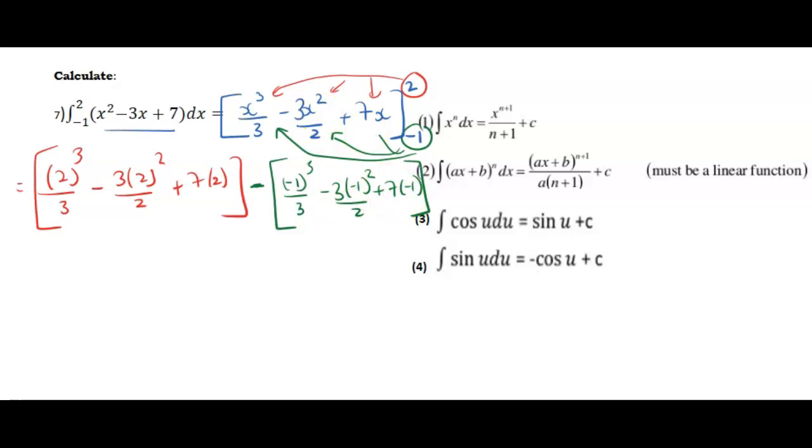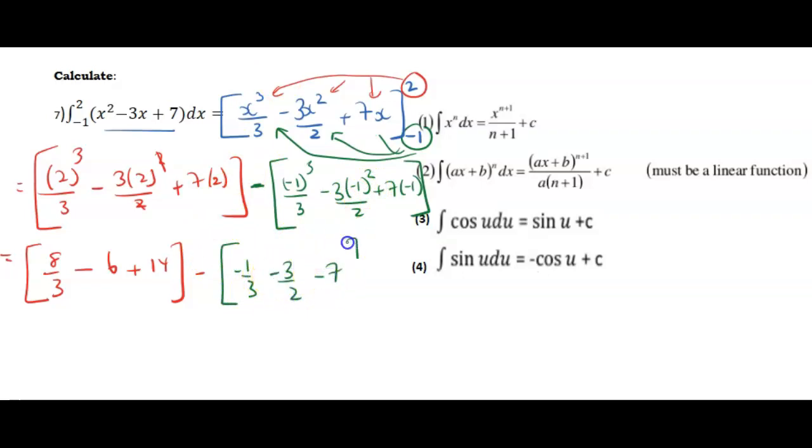Right, now you're going to simplify. So I'm going to do it in colors again. Simplifying here, I'll get 8 on 3. Right, simplifying here, I'll get minus a third. This will be squared. That'll be minus 3 on 2 minus 7.